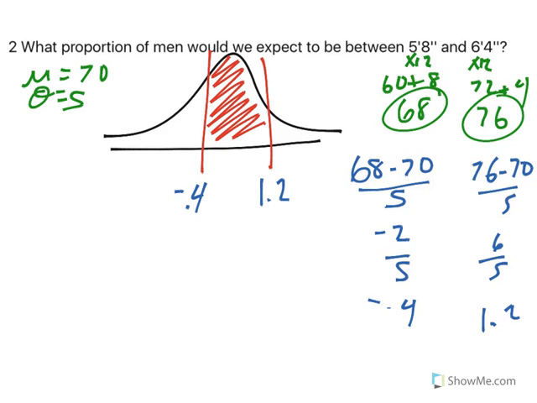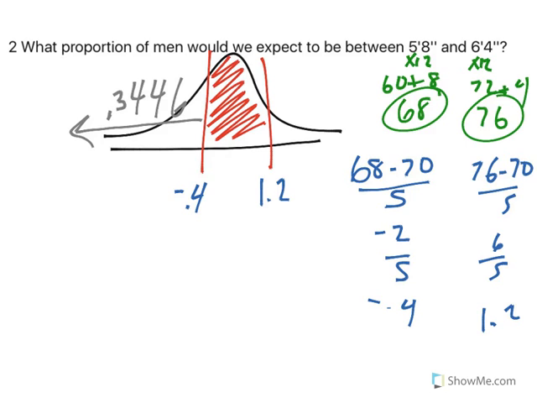Now when you look in the table, if you look at -0.4 to the left, you get an area of 0.3446. And if you look at the area from 1.2 to the left, you get 0.8849. Well, we don't want all of that area.